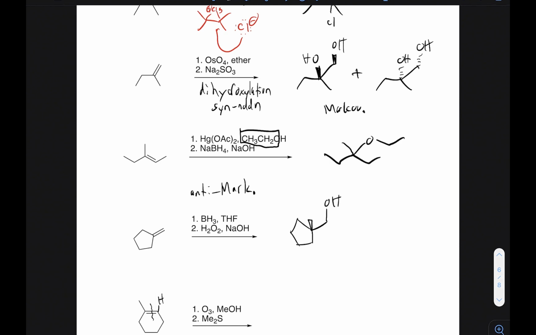And they are actually adding on the same side, so we can draw it like this. But these are both chiral carbons, so we don't need to draw in plus an enantiomer, because there is none. That's true for most of these molecules. I've kind of cleverly made most of them achiral, aside from this one here. But yes, this is the result: this anti-Markovnikov addition of alcohol to the less substituted alkene.